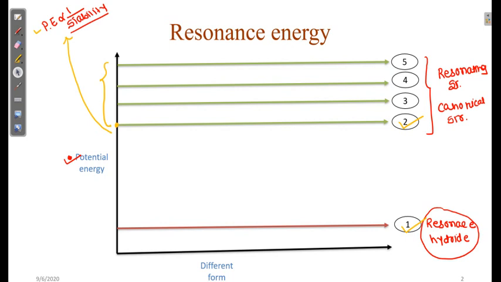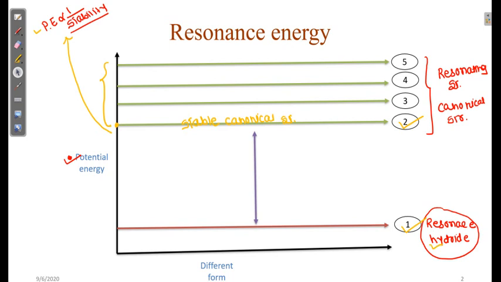Now what is resonance energy? I can say this is the resonance energy. It is the energy difference between the stable canonical structure and the resonance hybrid.